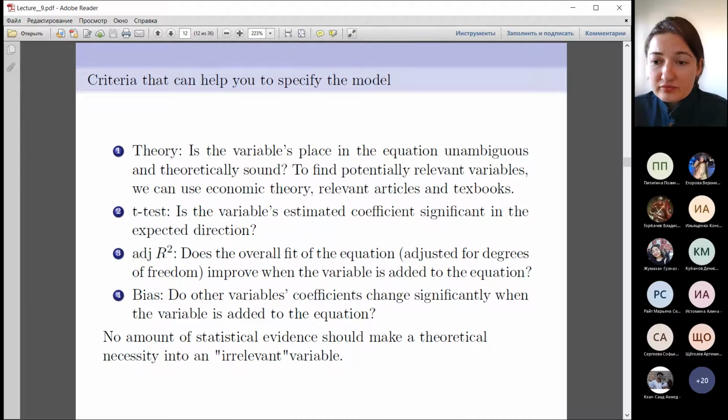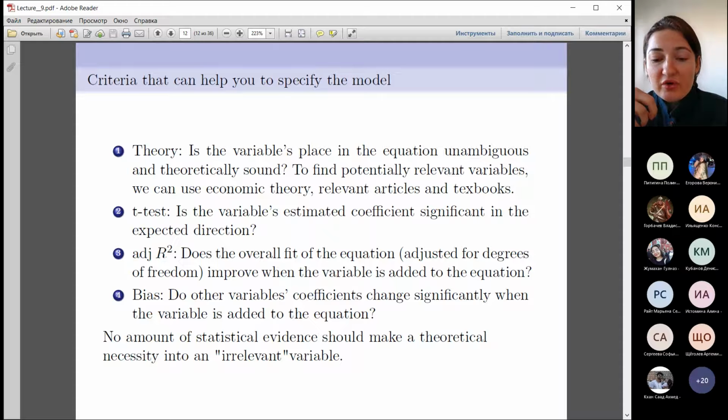So when a relevant omitted variable is included, it will increase your adjusted R-squared, and it will be a kind of signal for you that you're on the right way in your research.